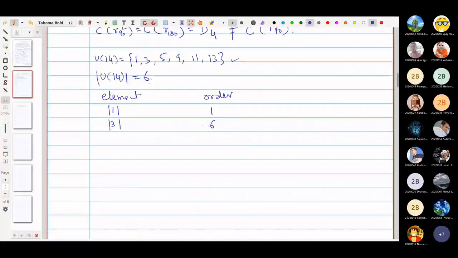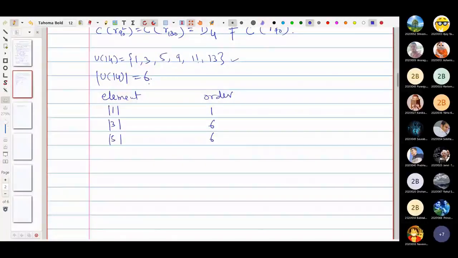It is 6. Order of 3 is 6, and 3 into 5 equals 15, and 15 divided by 14 leaves remainder 1. So the order of 5 is going to be 6 again, because 5 and 3 are inverses of each other.